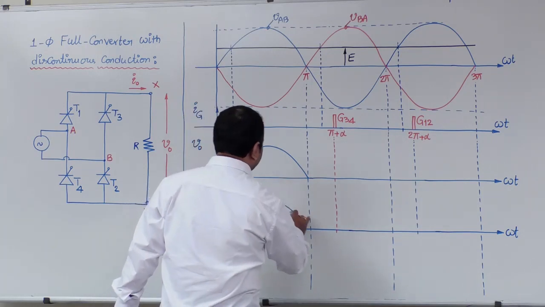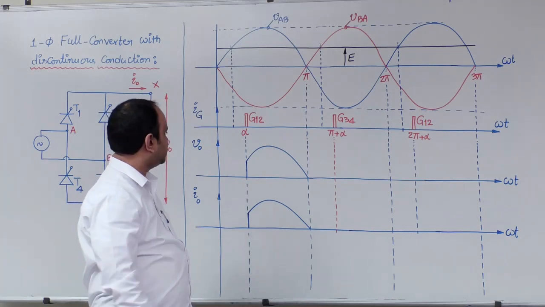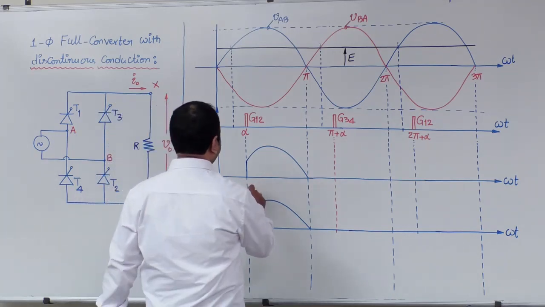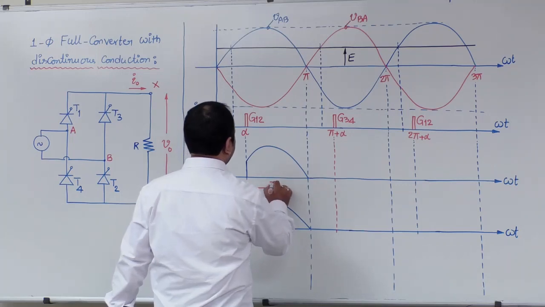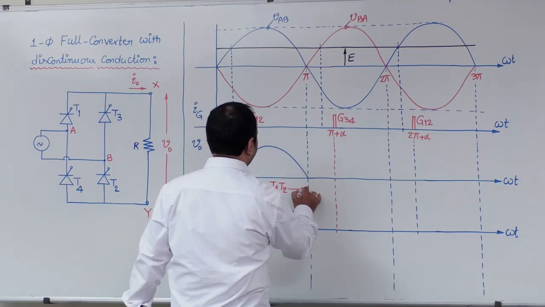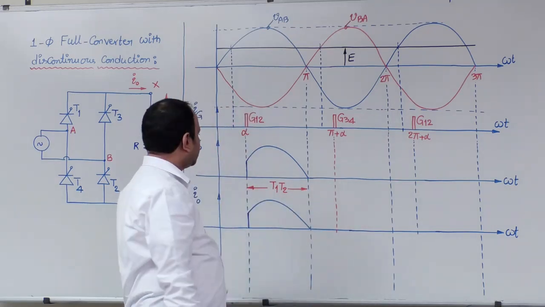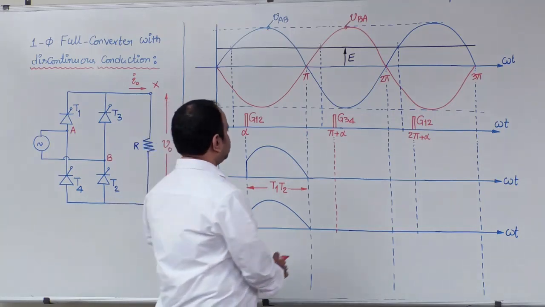Output current will simply follow the output voltage. So in this interval we can write, conducting devices are T1 and T2.